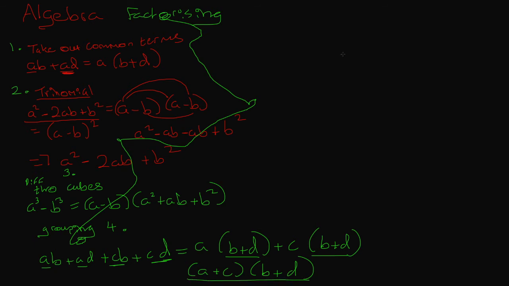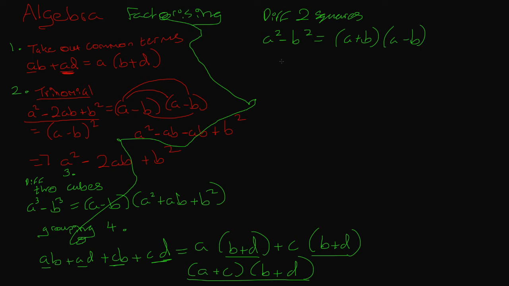So now the next method is the difference of two squares, not the difference of two cubes. We'd have a squared minus b squared, and this would be equal to (a plus b)(a minus b). Alright, nice.